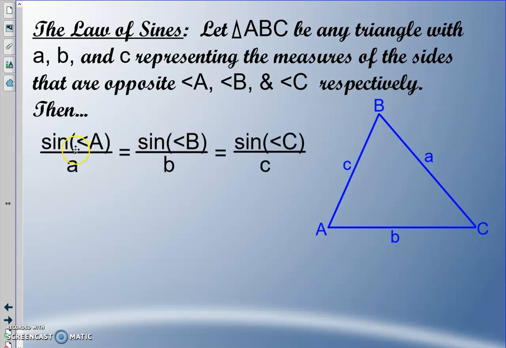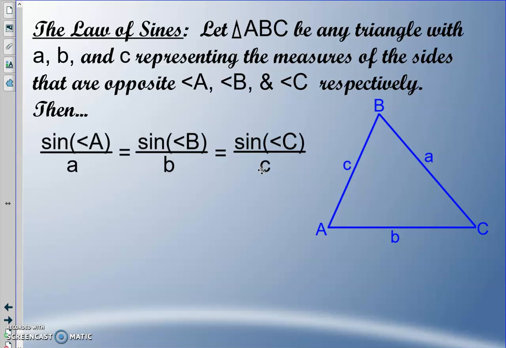The sine of angle A divided by its opposite side is always going to equal the sine of angle B divided by its opposite side, which will always equal the sine of angle C divided by its opposite side. Basically, the law of sines lets us use trigonometric ideas, like sine, with non-right triangles.